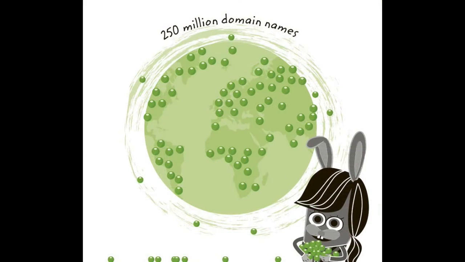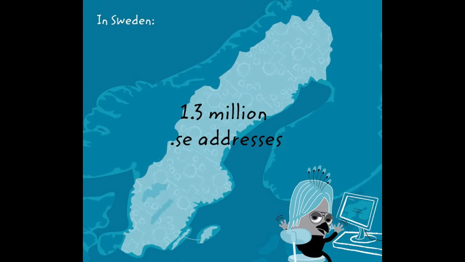There are around 250 million domain names in the world. In other words, there is unbelievably much to discover on the Internet. Addresses that end in .se have a connection to Sweden, and there are around 1.3 million .se addresses. There are also other addresses that end with two letters that show which country a site has as its home.